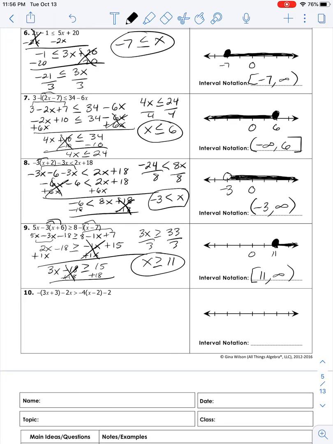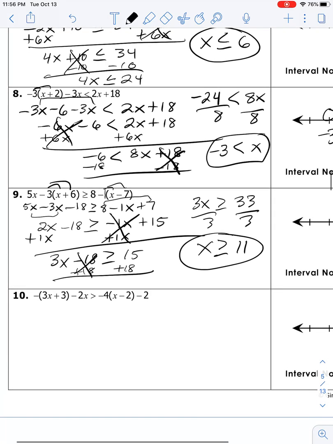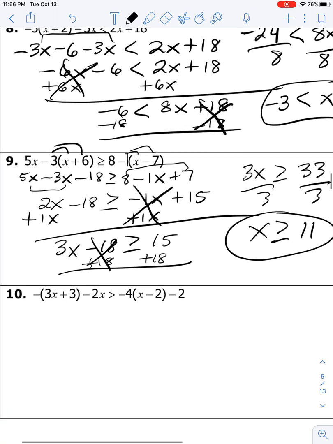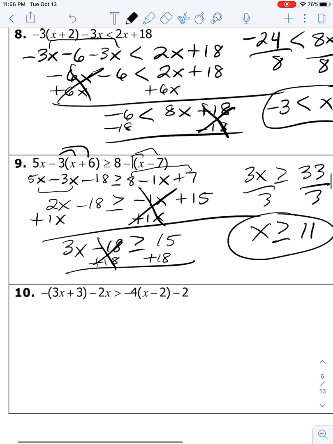Last one for multi-step equations. Okay, number 10. So again, what we've got is we've got 2 parentheses. So we need to get rid of the parentheses first, meaning we need to distribute. So let's focus on the one on the left first. So I've asked this question a couple times already.